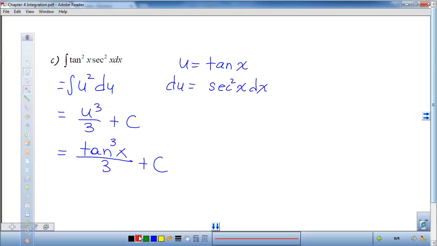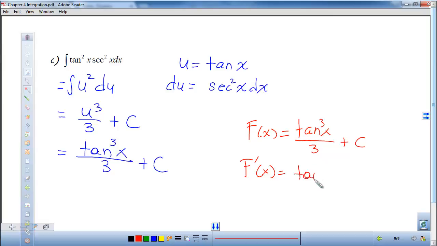So if this is my function, let's say f of x equals tangent cubed x over 3 plus c. When I take the derivative of this, I would bring the 3 out front, and those 3's are going to cancel.